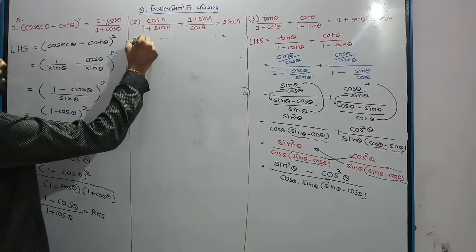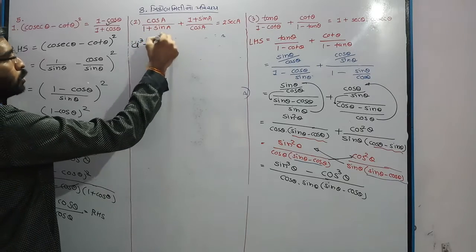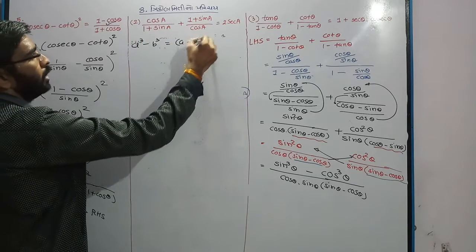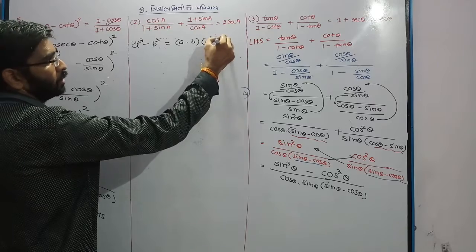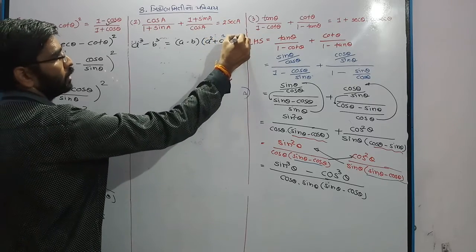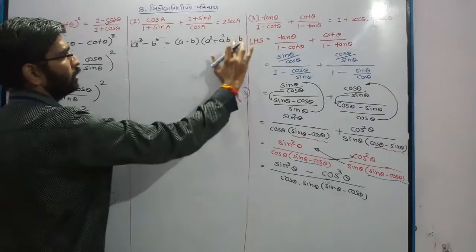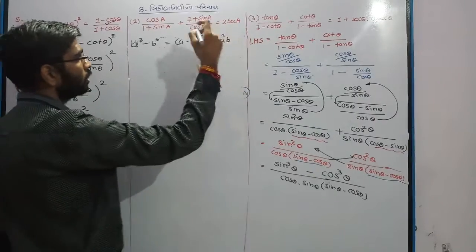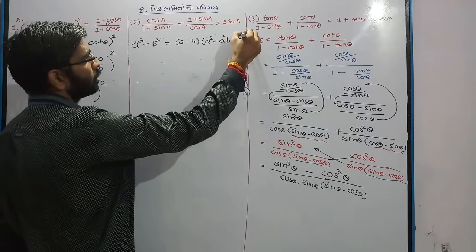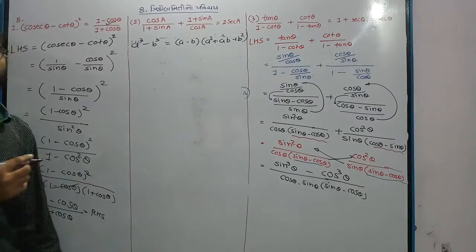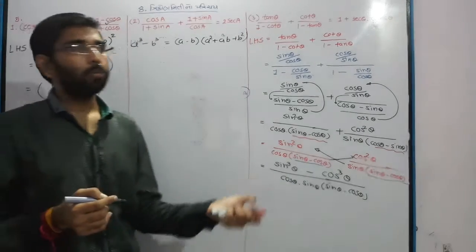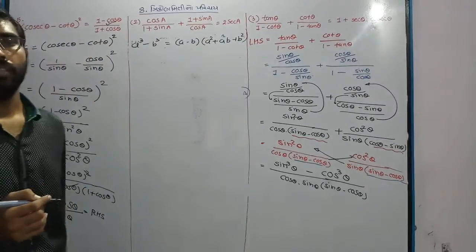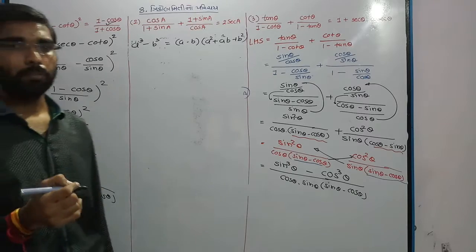Now a cube minus b cube is a minus b, and the second term is a square plus ab plus b square.